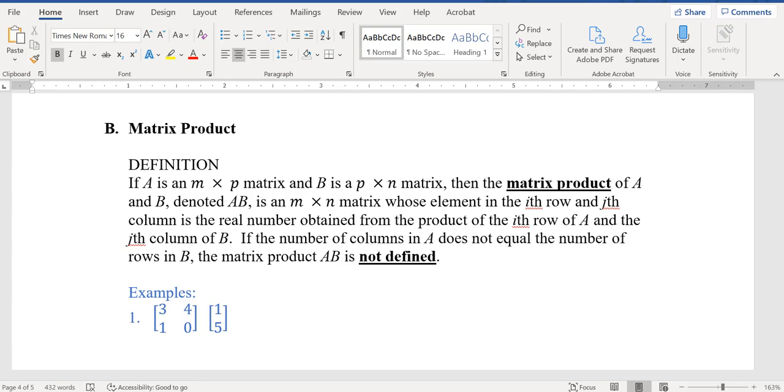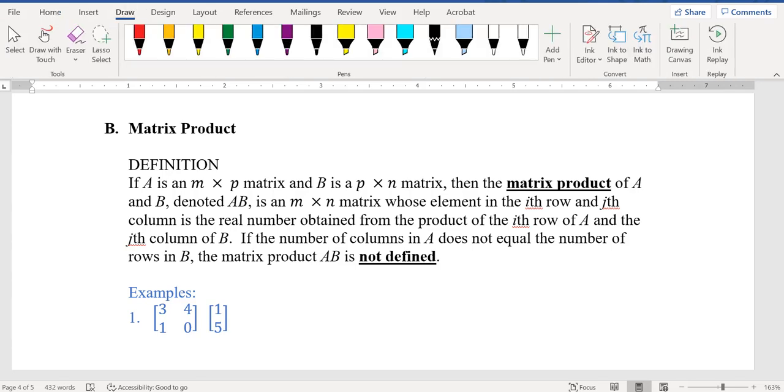Definition: if matrix A is M by P and matrix B is P by N, then the matrix product of A and B, denoted A times B, is an M by N matrix whose element in the ith row and jth column is the real number obtained by the product of the ith row of A and the jth column of B. If the number of columns in A does not equal the number of rows in B, the matrix product is not defined.